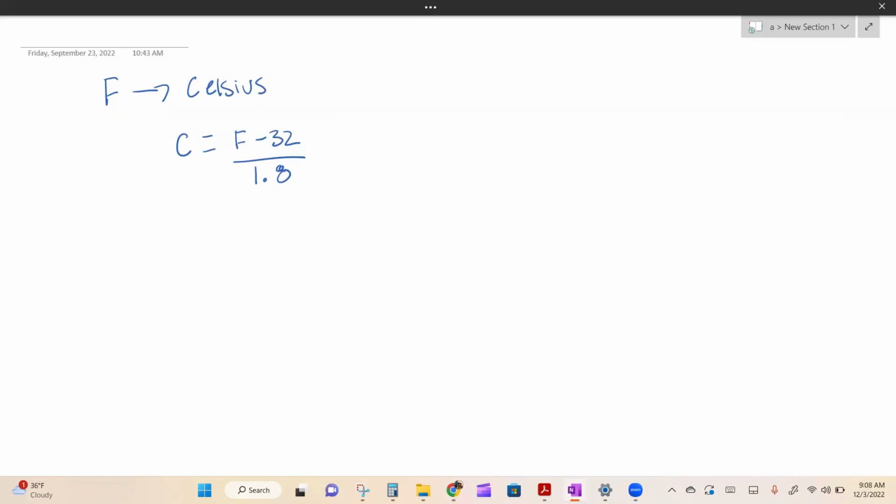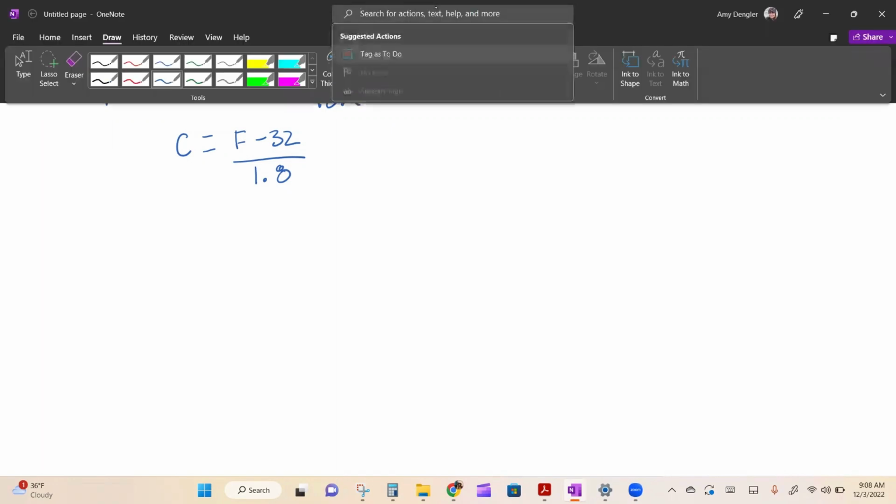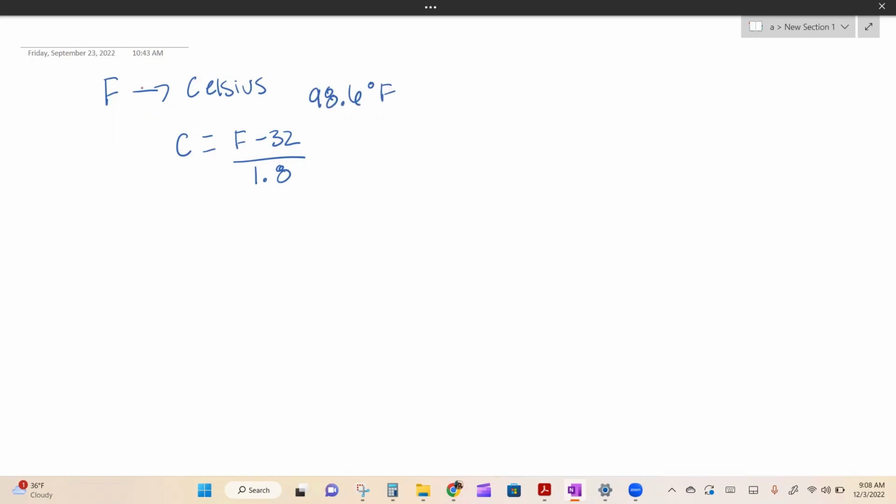All right, and then we're going to go from 98.6 degrees Fahrenheit, and we want to go to Celsius. So now I'm just going to rewrite the equation with 98.6 plugged in for the F, because that is our temperature in Fahrenheit. So then I'm just going to rewrite it.